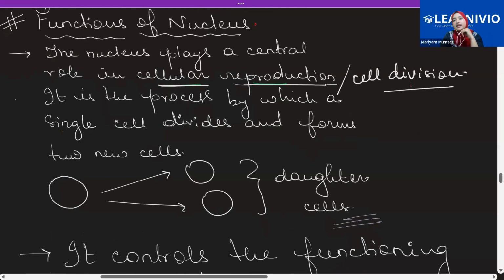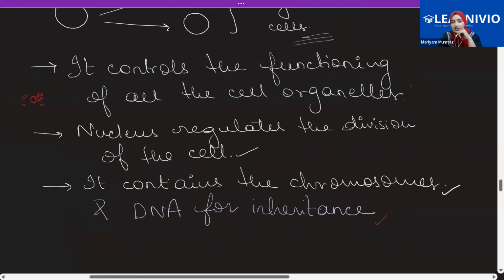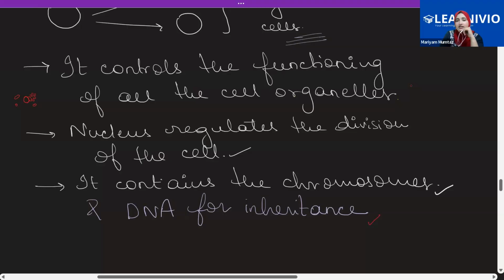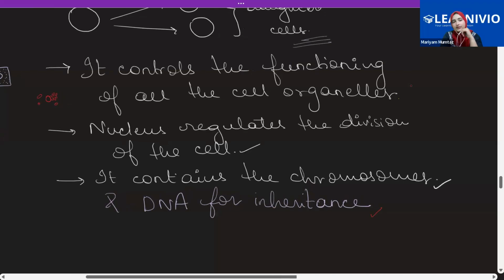So this process takes place because of the nucleus. Other than that, the nucleus controls the functioning of all the cell organelles. It regulates the division of the cell, and it contains the chromosomes and the DNA for inheritance. The functions of the nucleus are clear to you?